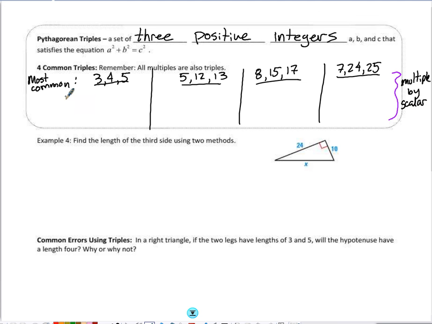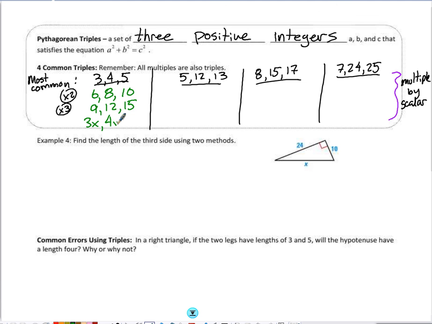Well, 2 times 3 is 6, 4 times 2 is 8, 5 times 2 is 10. If I plug those into the Pythagorean Theorem, they also give me something true. If I multiply them by 3, I end up with 9, 12, and 15. So basically, if I multiply all these by the exact same number, I get something that will fit the Pythagorean Theorem.